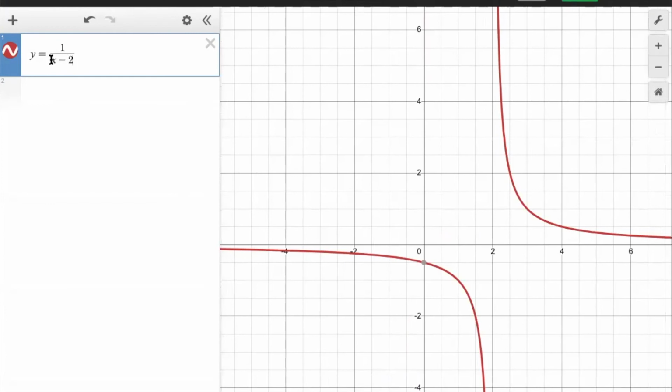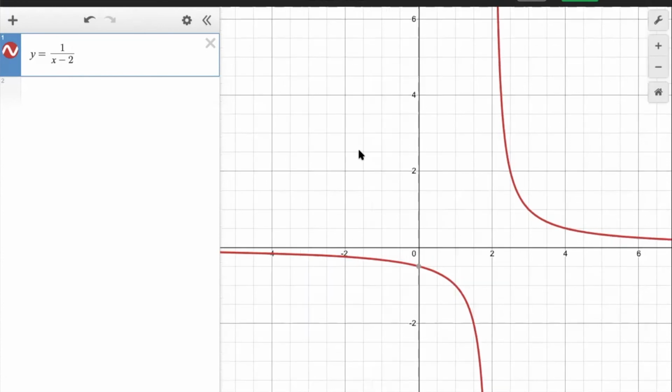So now we can see that 2 is actually going to be our vertical asymptote. Again, the reason why is because if we were to plug into our equation, we get 2 minus 2 is 0, and that's undefined.